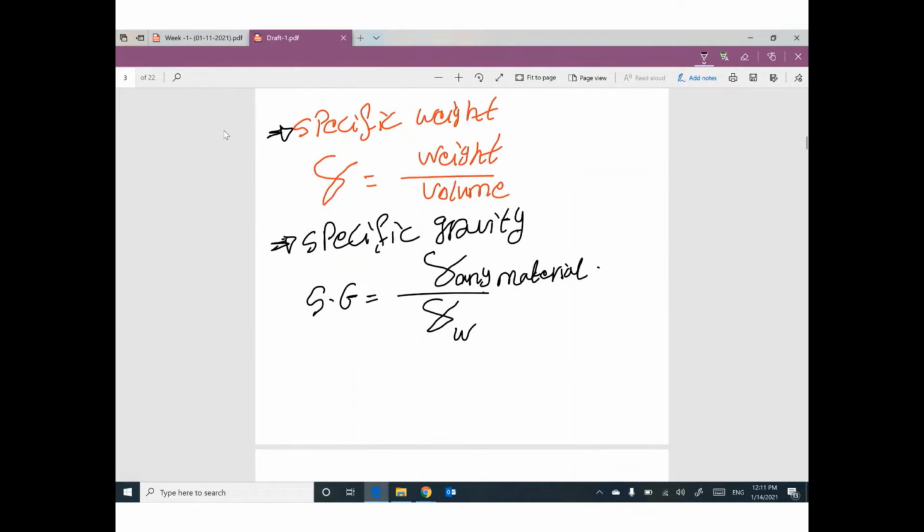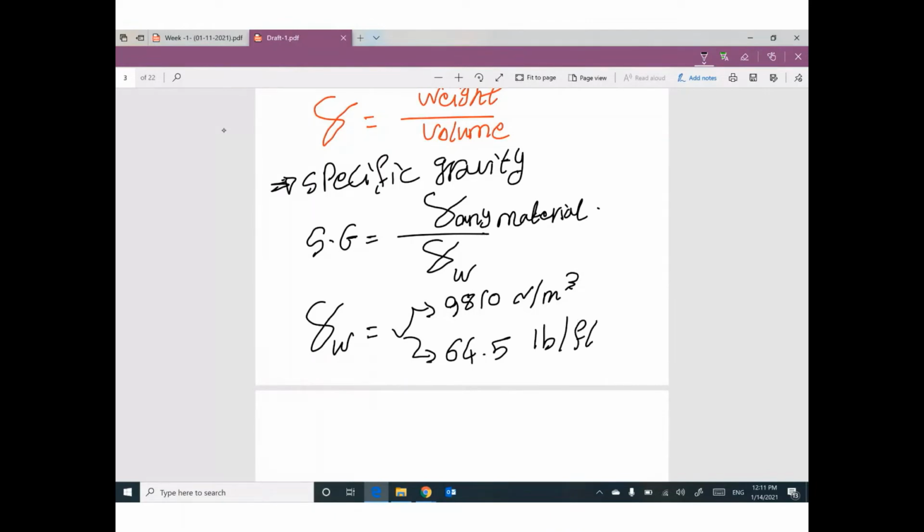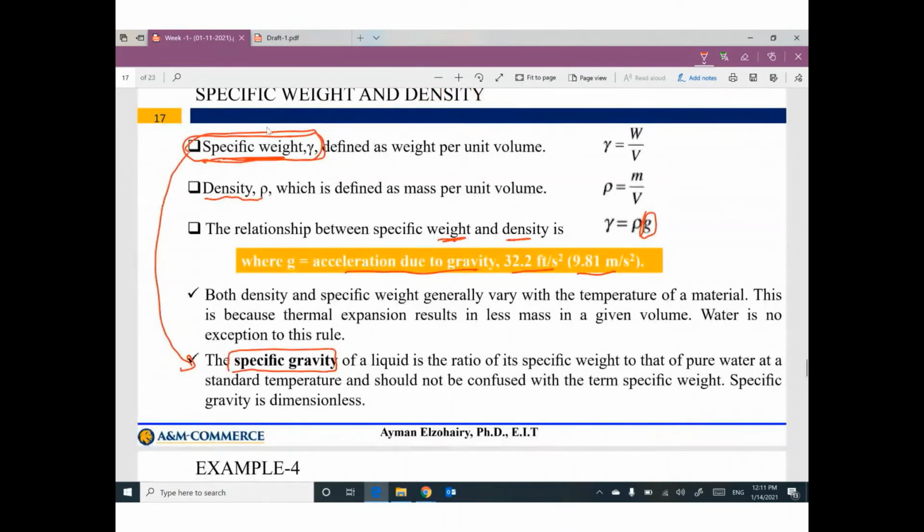By the way, for your information, and you have to keep it in your mind, gamma water equal 9,810 Newton per cubic meter, or I think 64.5 pound per cubic feet. I think this term is here.